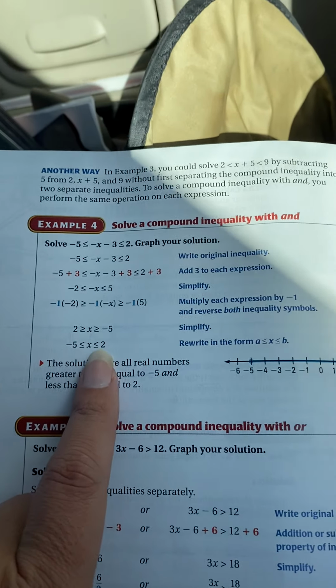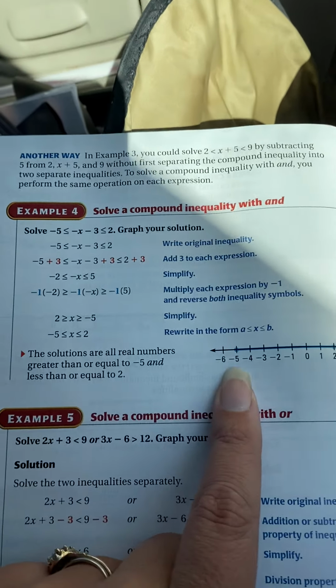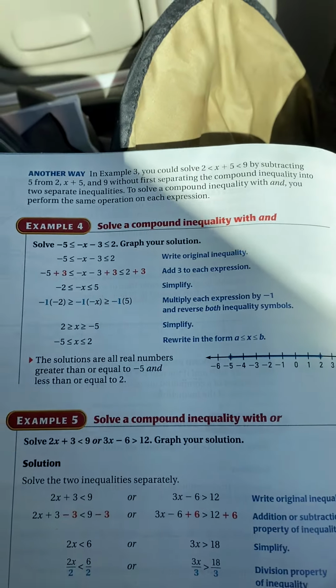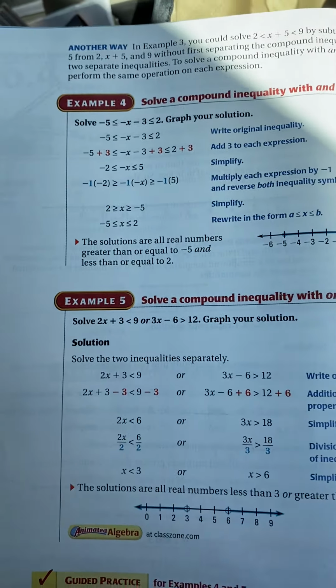So now we've got -5. Basically, x is going to be between -5 and 2. A little confusing how they did all that, but just think of it as start with this side and then do that side, and it has to fit both of those. And just remember, when you do the negative number, you have to flip the inequality.